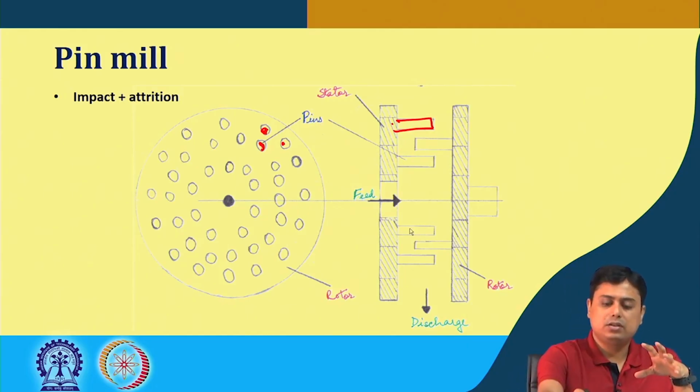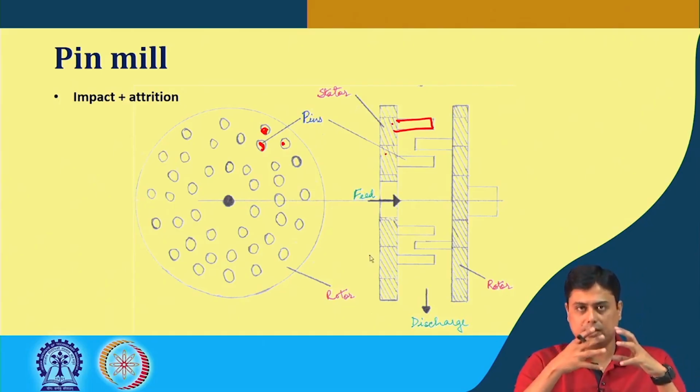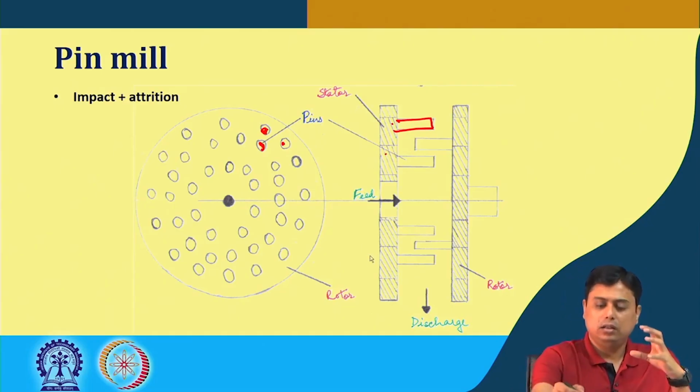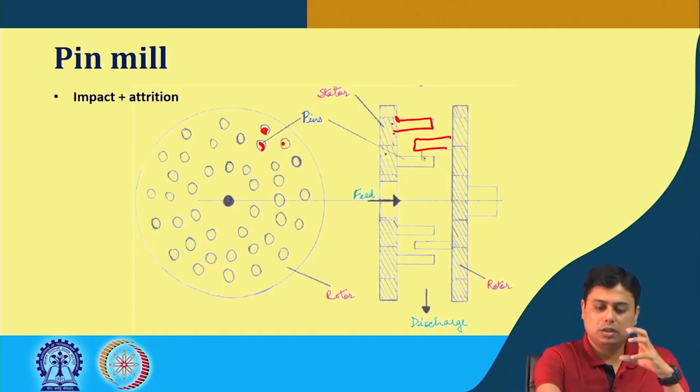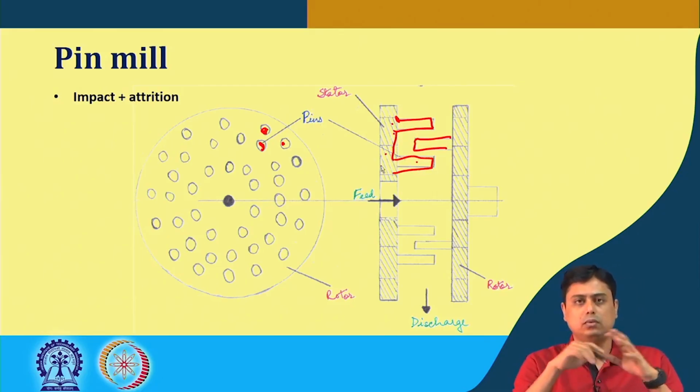These are attached to this wheel, or the circular disc, and the opposite one is arranged in such a way that it can move through the spaces created between two extrusions or two pins on the other side of the plate.